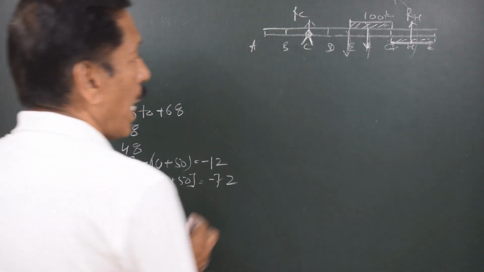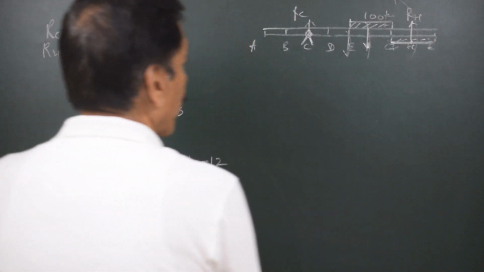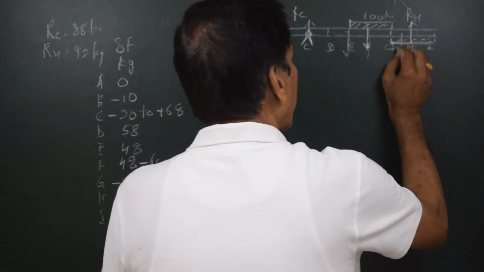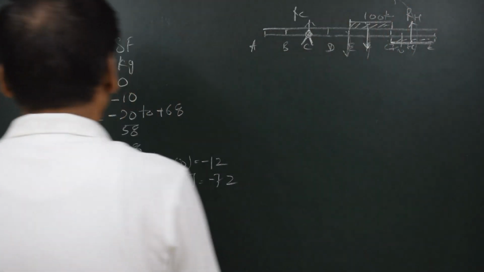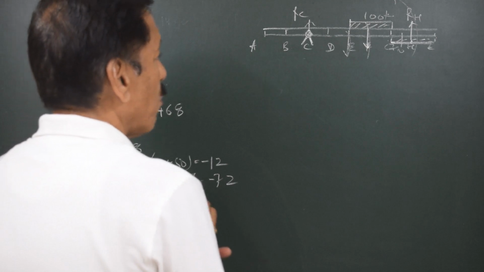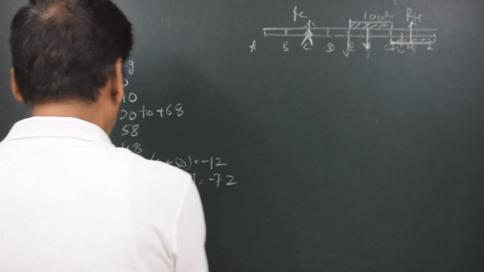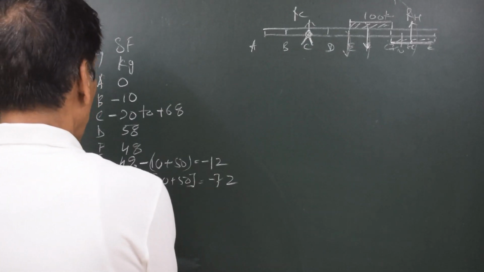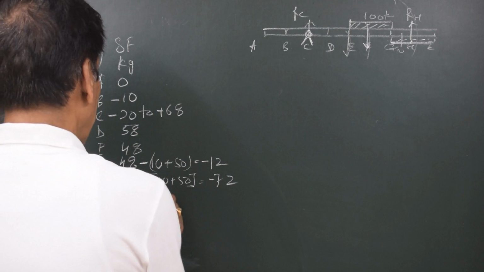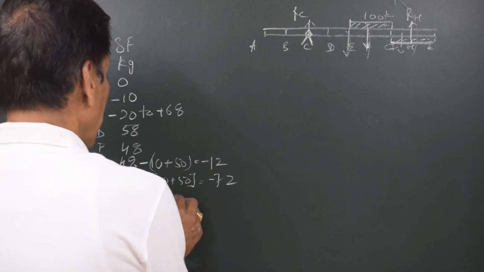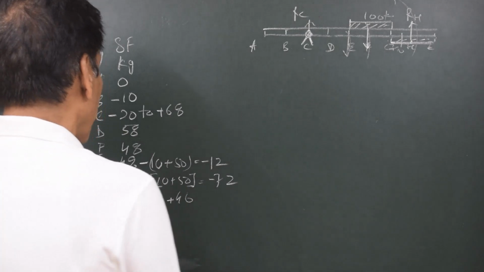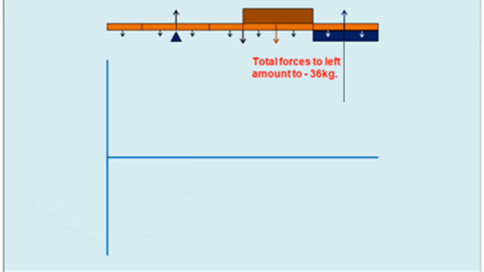Now what happens at this point H? There is a downward force of 10 and there is an upward reaction, half of 92, that is 46, which means that at H we will have to do minus 72 minus 10 plus 46. So that is minus 82 plus 46.